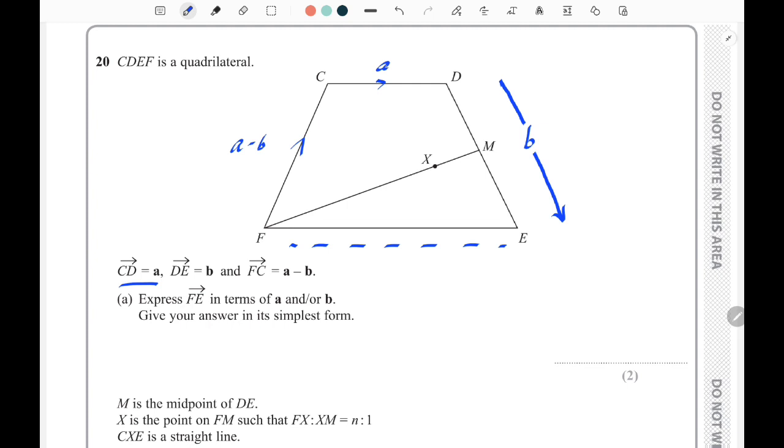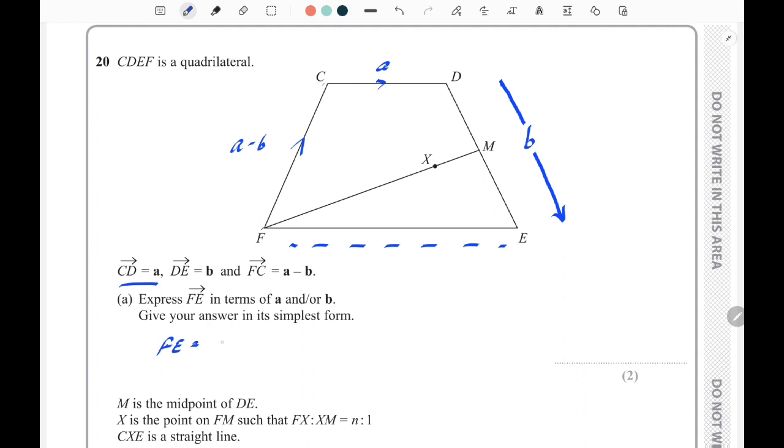i.e. whatever is required, okay? So F to E, remember the route we're going to be taking is going from F to C to D to E, right? So F, E. I'm not going to bother doing the arrows above the things, right, just to save time, but you may want to use it in the exam. Okay, they're not going to mark you down for it.